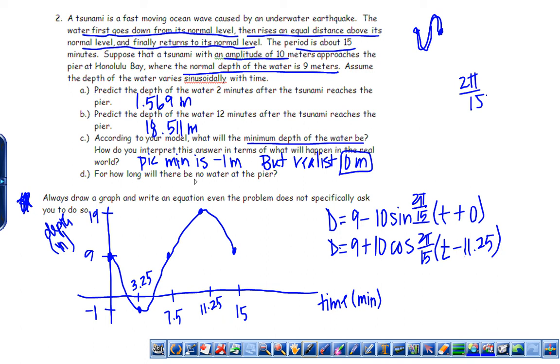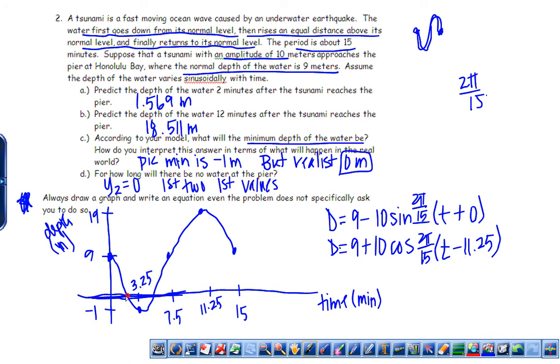For how long will there be no water on the pier? So if there's no water on the pier right here, this is the pier, I would set my Y2 to 0 and find my intersection. So Y2, I'm looking at my first two positive values.